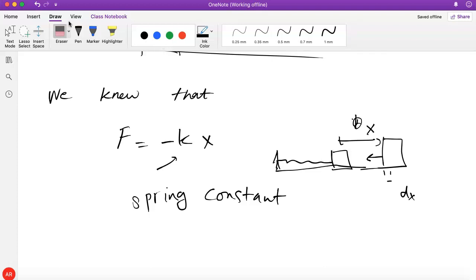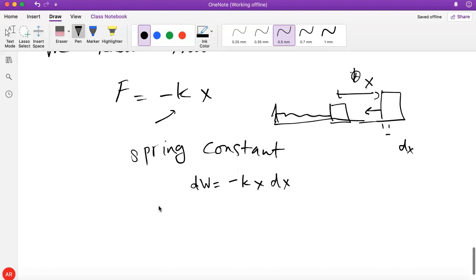Then the force of the spring is doing negative work, which is minus kx, the force, times dx, right? Force times displacement is the work.